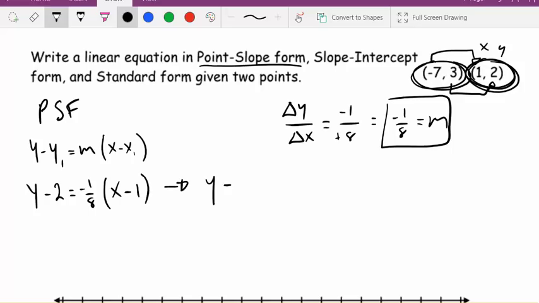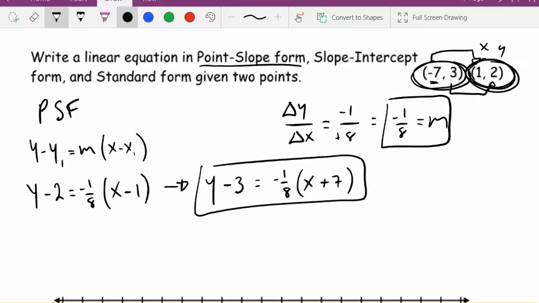Y minus 3, because that's my y value, equals -1/8 times x minus, and then when we put in a -7, it makes it a +7, because 2 negatives make a plus. So that's using the first point, and that one's using the second point. So that's point-slope form.